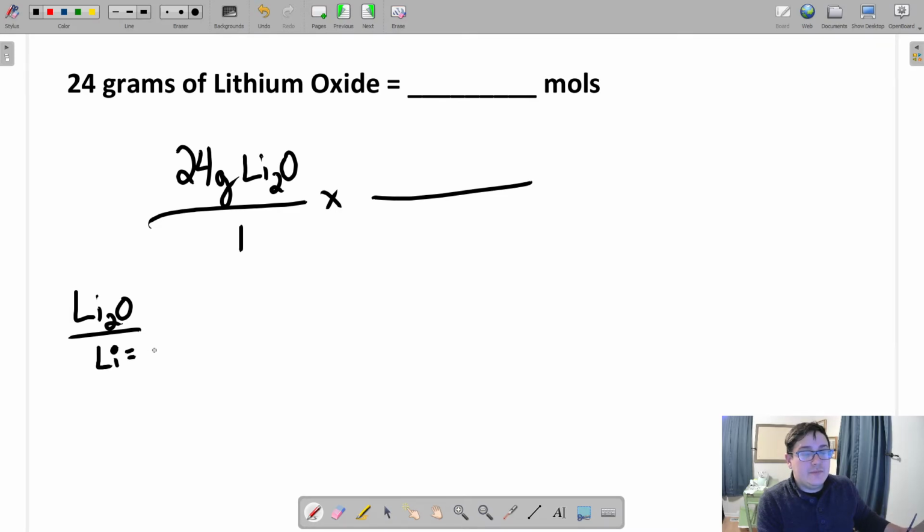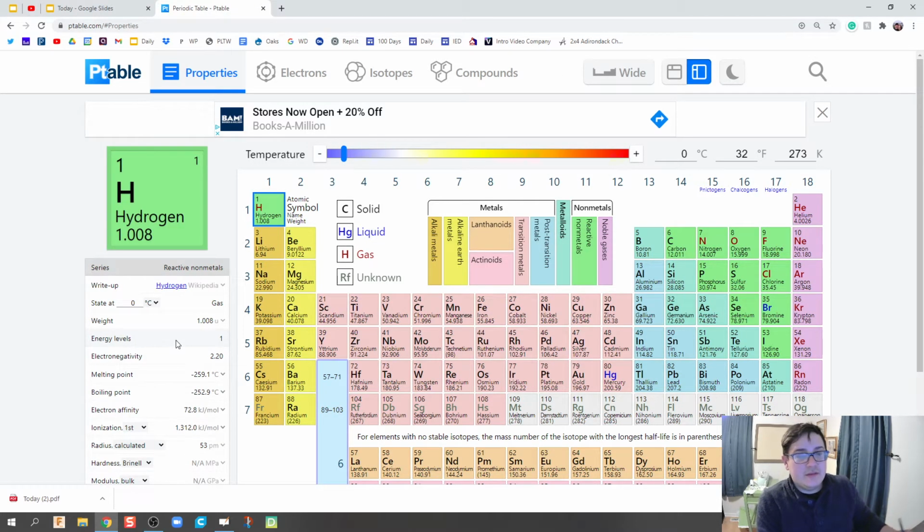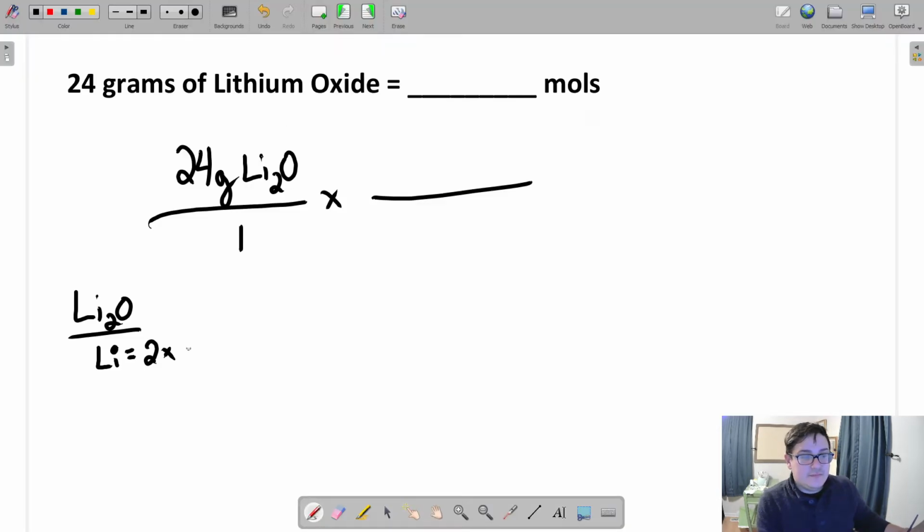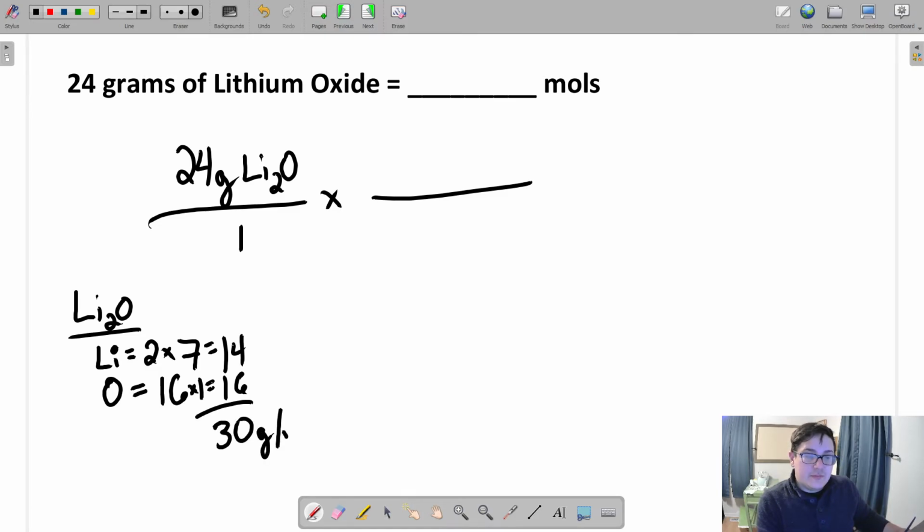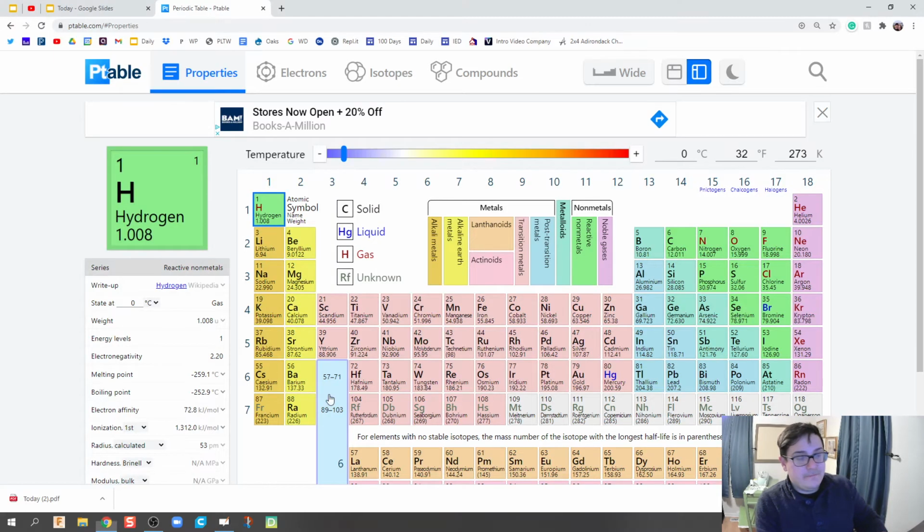Lithium, there's 2 of them. And let's find the mass of it. So the mass of lithium is 7. So that's 14. And then we have 1 oxygen. That's going to be 16 times 1, still give me 16. So the molecular mass of lithium oxide is going to be 30 grams per mole. Is that right? Yep.